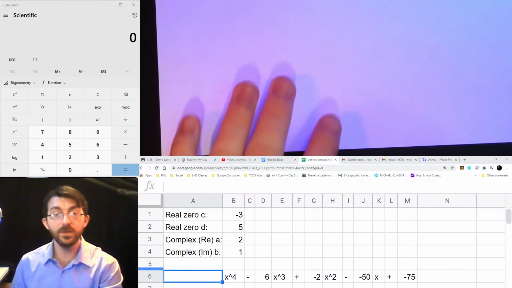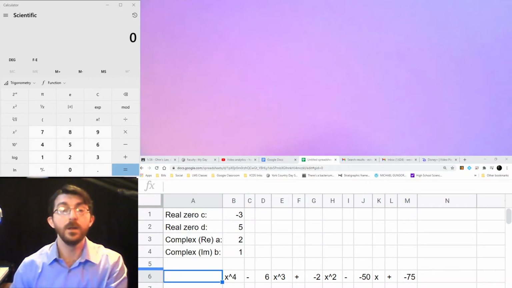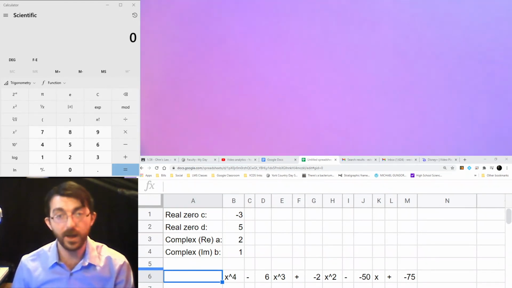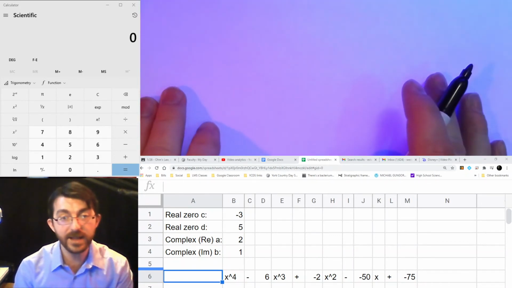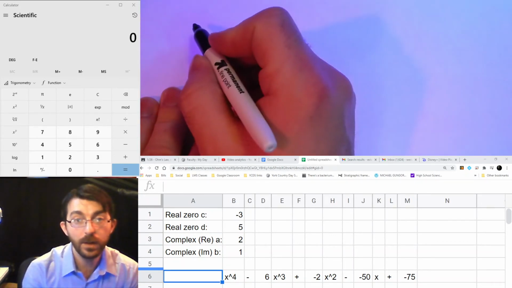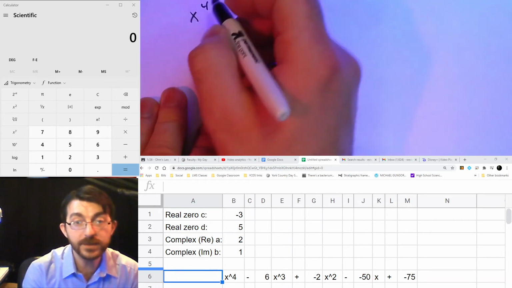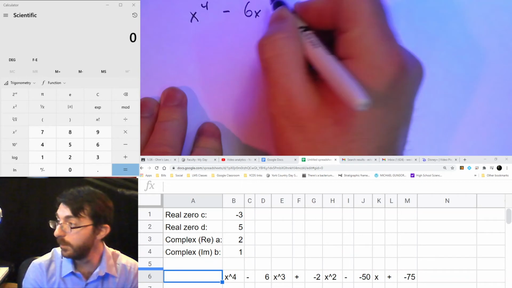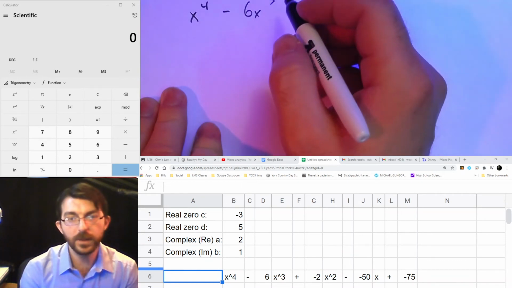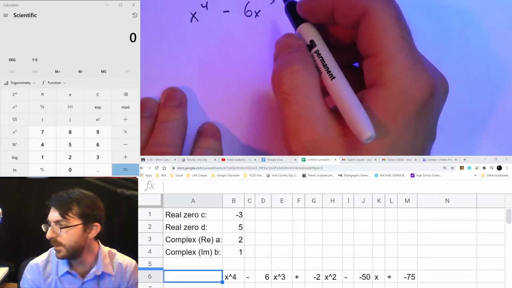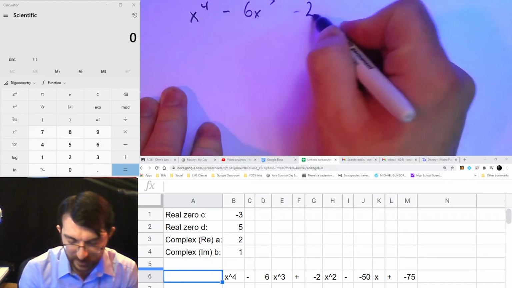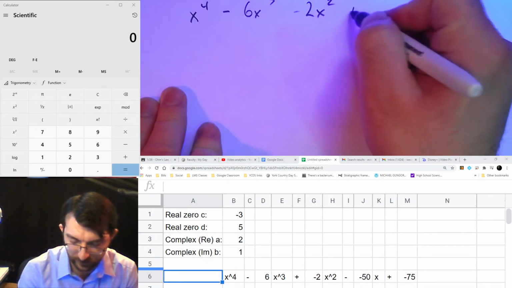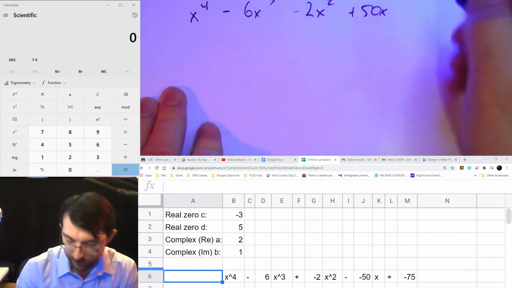Let's say I want the answers to be -3, 5, and 2 plus i and 2 minus i. If I want the answers to be that, I need to give you this polynomial, x to the fourth minus 6x cubed. You can see that says plus -2, so minus 2x squared minus -50 would be plus 50x minus 75.